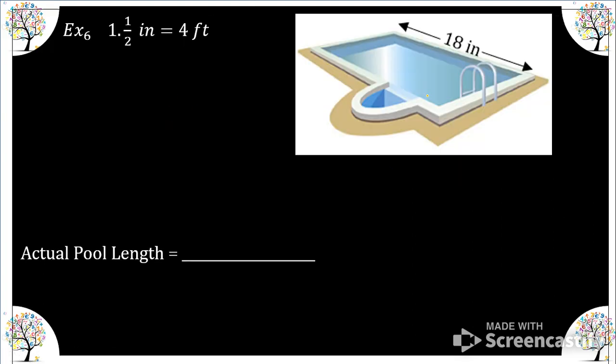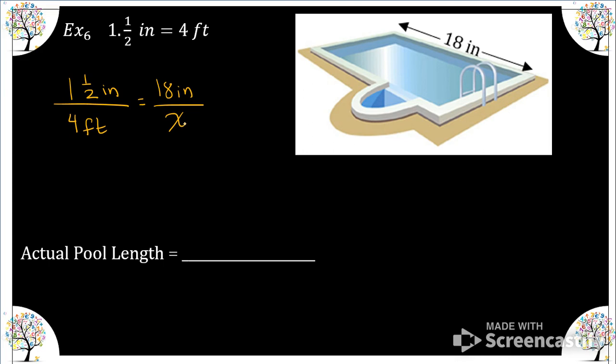Okay, in this example, we have a drawing of a pool. It says 1.5 inches is equal to 4 feet. In the drawing, we have 18 inches. Let's find the actual length of the pool in feet.